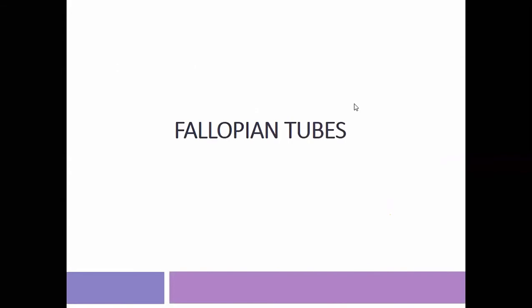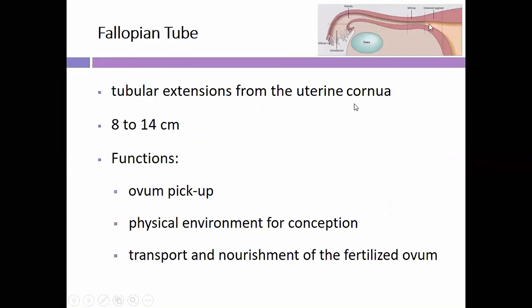Now we go to the adnexal structure, the fallopian tube. After the uterus is the fallopian tube, which is a tubular extension coming from the uterine cornu, measuring 8 to 14 centimeters in length. It has different parts, and mainly its function is to pick up the ovum released from the ovary so that it can enter the fallopian tube.